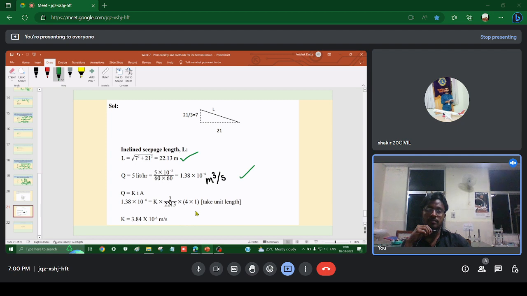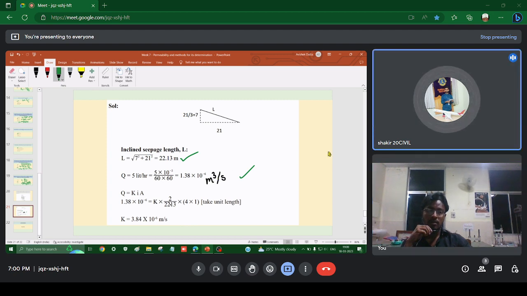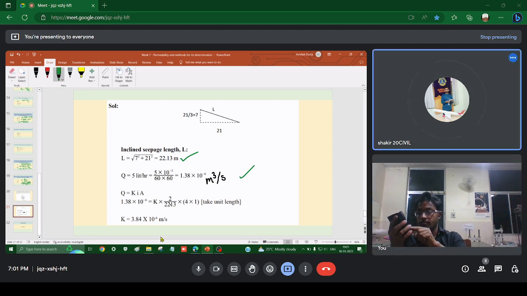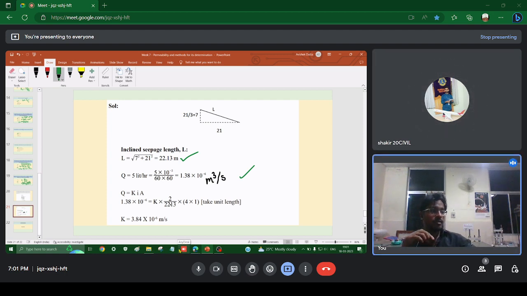Have you got the answer? Just calculate the answer. 3.82. Yes, 3.817, back to result is 3.82, right?